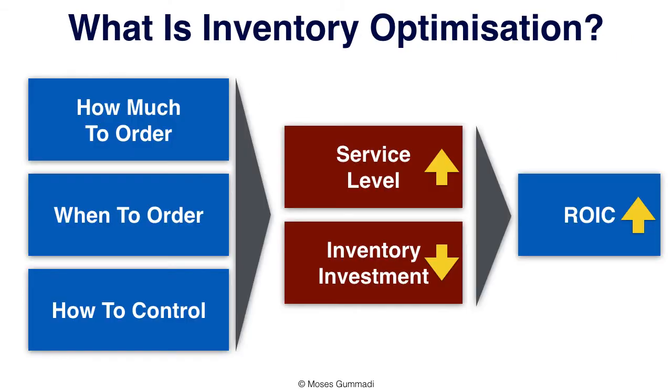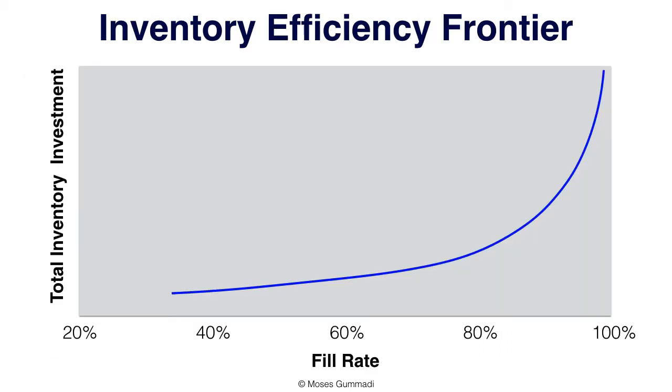Now that we have addressed all these three things, we come back to, how do we know that we have the right optimally managed inventory? To address this question, let me introduce to you the concept of the inventory efficiency frontier. It is basically a curve that is plotted against the fill rate on the horizontal axis and the total inventory investment on the vertical axis.